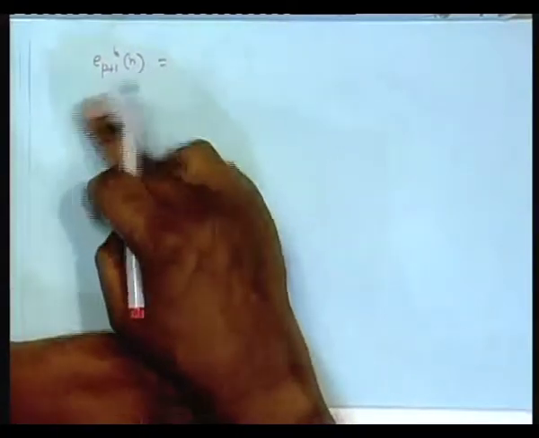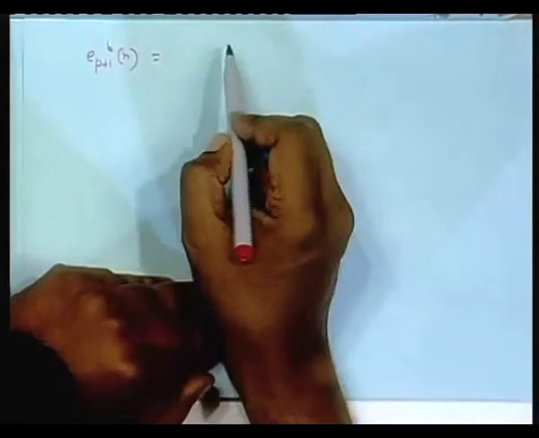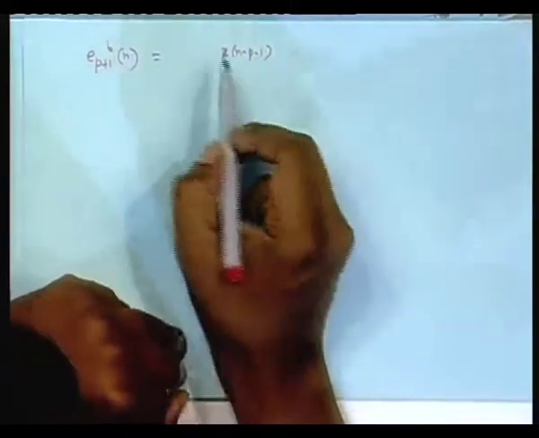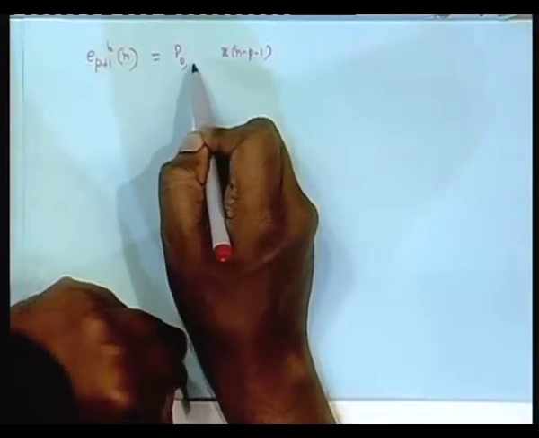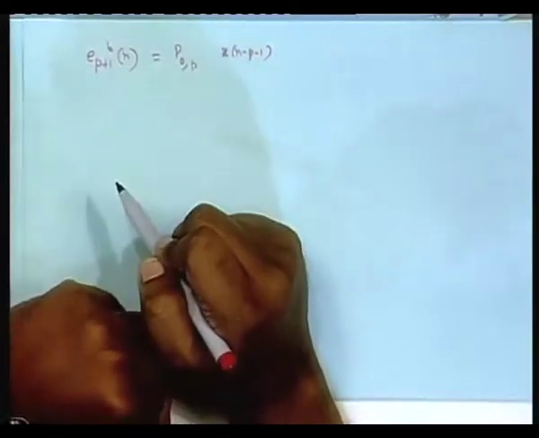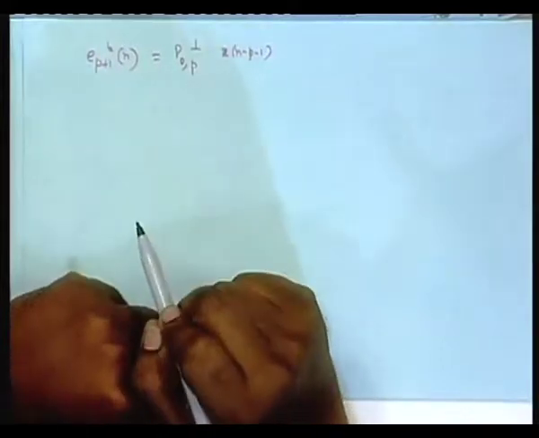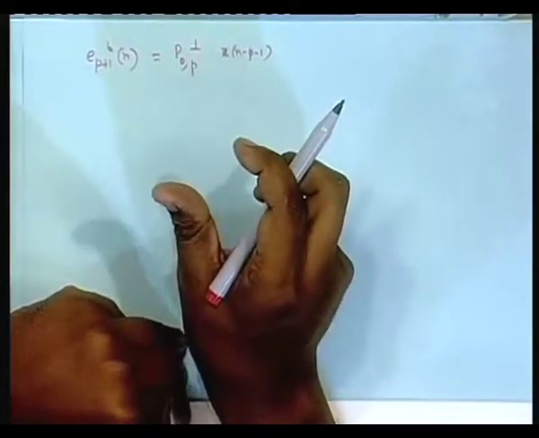That means I have to consider n minus p minus 1, isn't it? That is, I have to consider this projected on the span from current, that is 0 delay, to pth: n minus 0, n minus 1 up to n minus p. So, total p plus 1 terms.